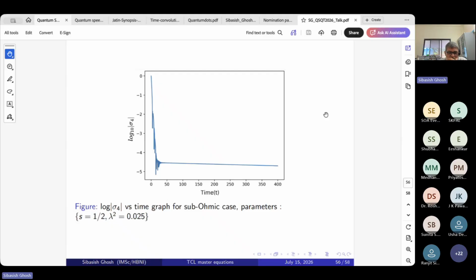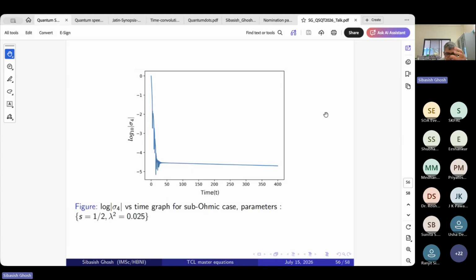We have done some entropy calculation there. There also you see a similar kind of thing, because it is non-Markovian in nature. Again, I should emphasize that this is not a physical dynamics, this higher TCL2, TCL4, etc. But they have a kind of non-Markovian characteristic, because they are not completely positive.